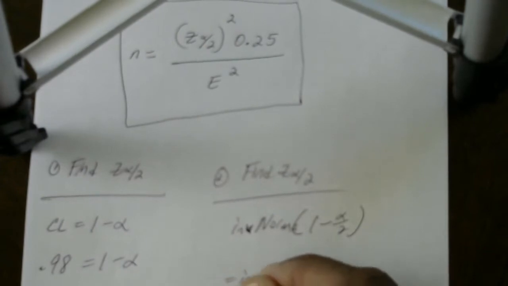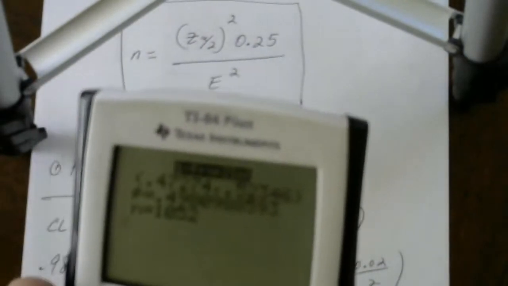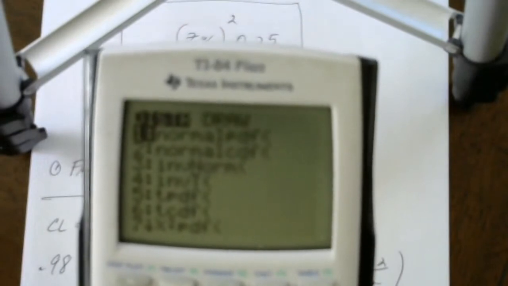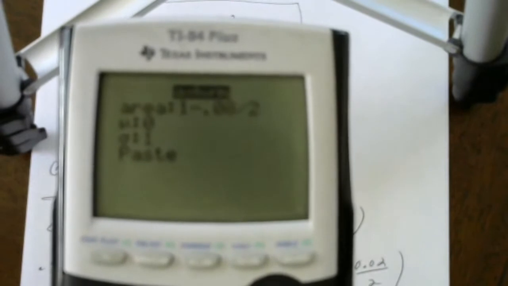So this is the inverse norm of 1 minus 0.02 over 2. If we use a calculator, I'm going into distribution, inverse normal.